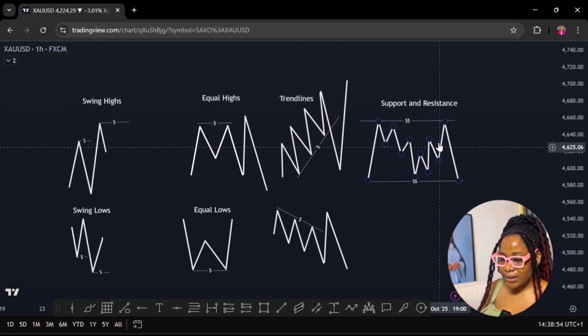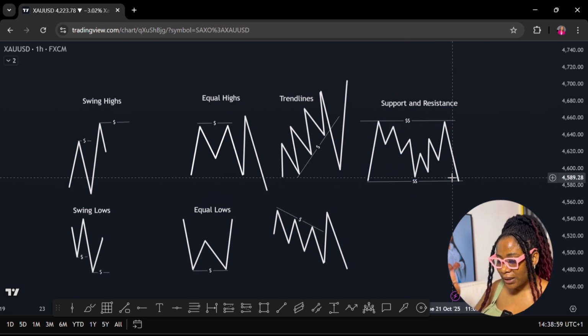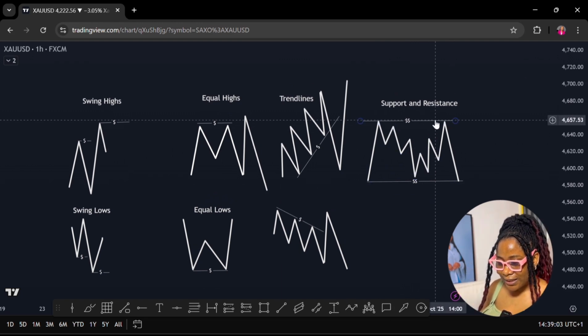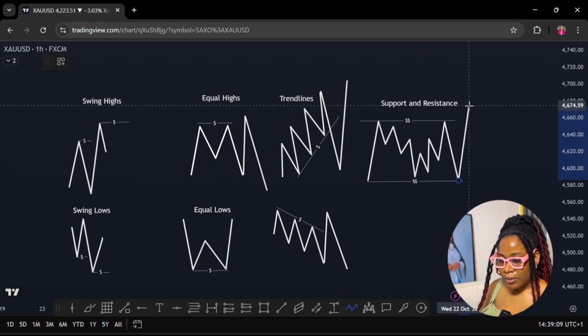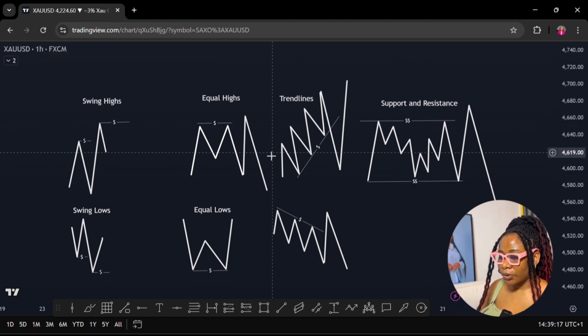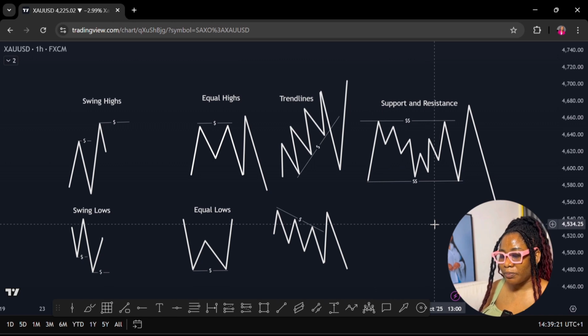Our support and resistance, which is more like consolidation, either you stay out of the trade, like I always say, but their liquidity is resting above and below. So what will the market do? The market will take one side of the liquidity out first, probably take this and then continue bearish, taking these people out and then also taking these people out. So all these are areas where liquidity is pending.